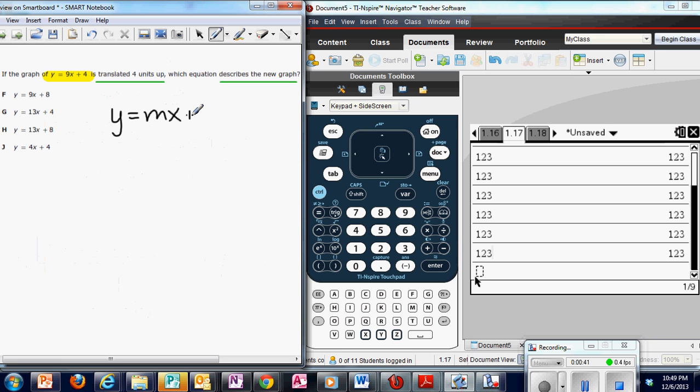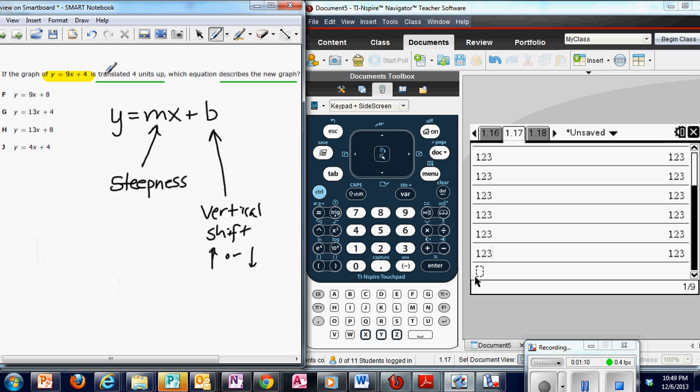And we should know that when you change the slope, that affects steepness, and when you change the y-intercept, that causes a vertical shift up or down. And that's going to help us to eliminate answers.